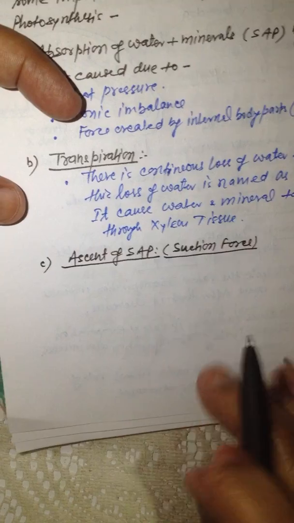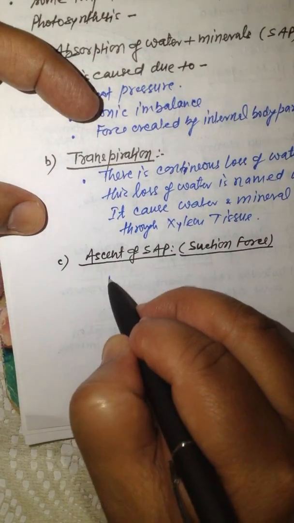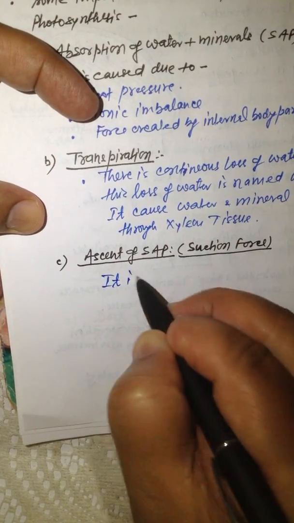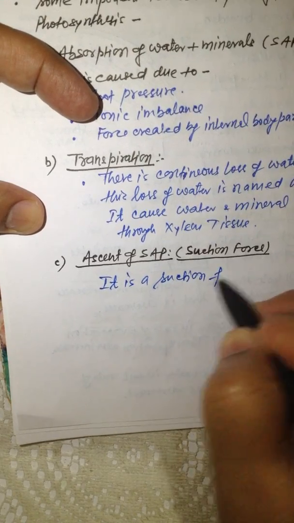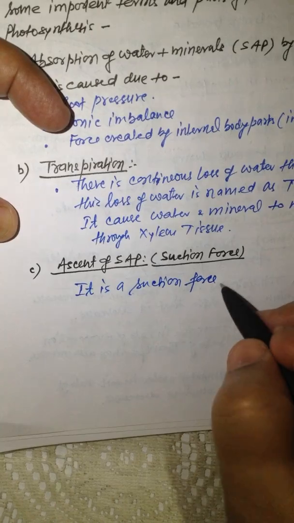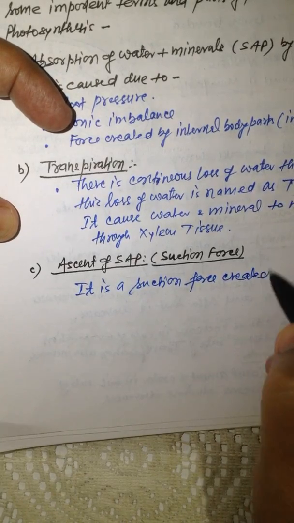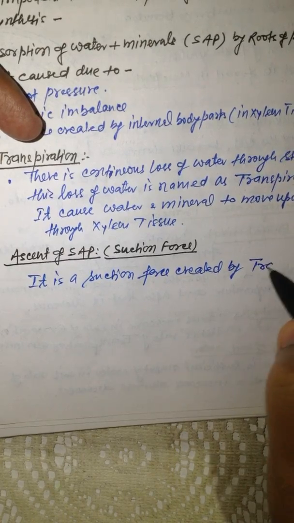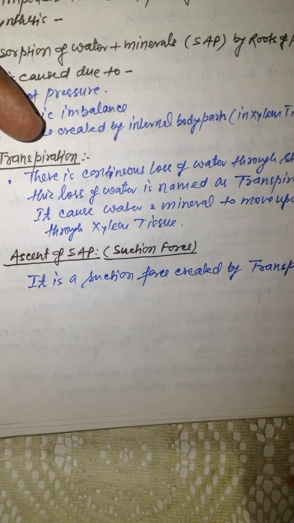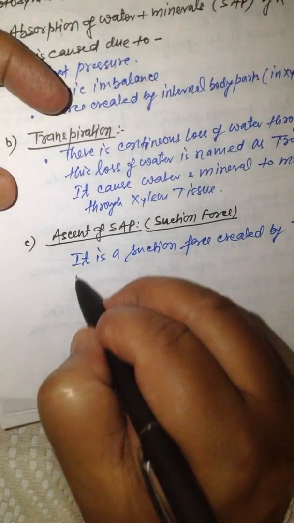right? Ascent of sap, there is what? This is the suction force. It is a suction force created by transpiration pull, है ना.